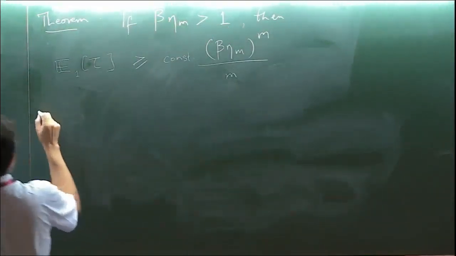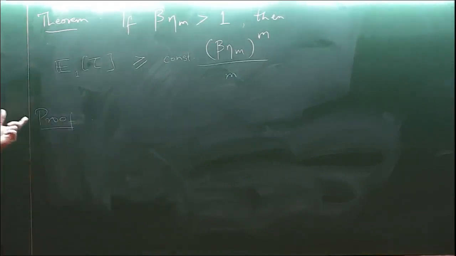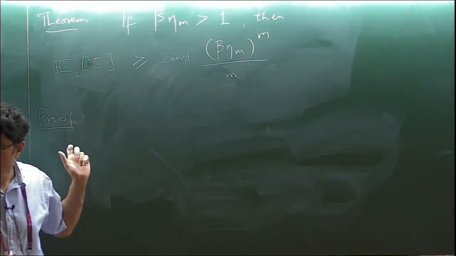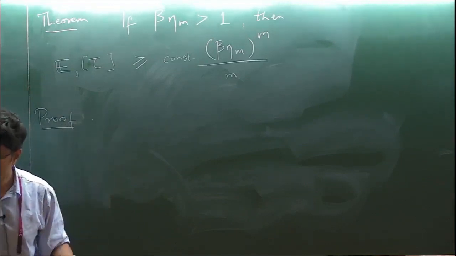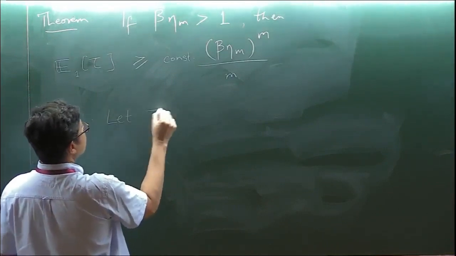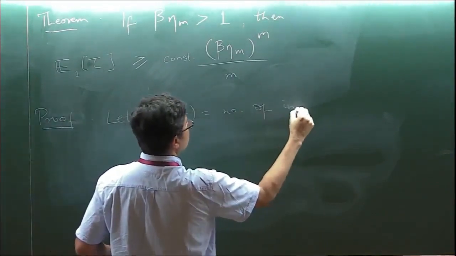Okay, I won't go through the details of the proof, but the main idea here is again to couple this with something. So we look at the number of infected nodes, which is not a Markov process.